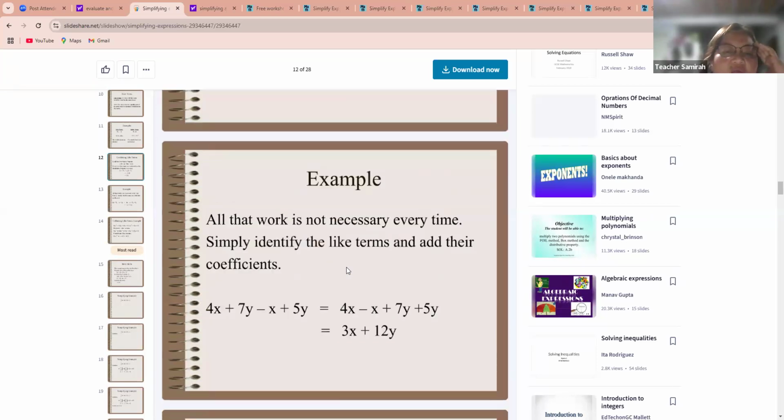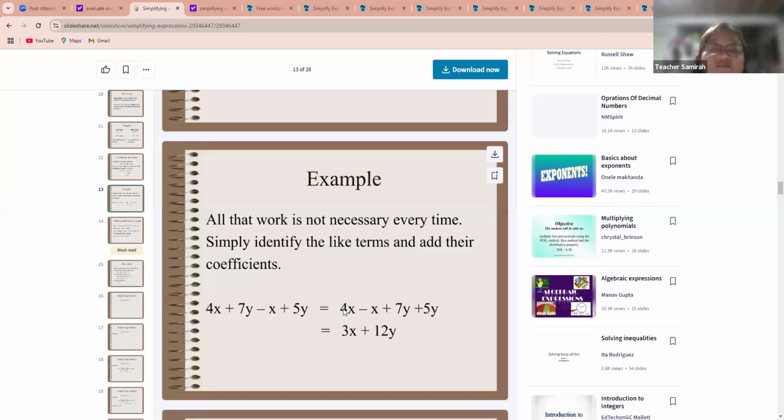All that work is not necessary every time. Simply identify the like terms and add their coefficients. What are the like terms here? The like terms are 4x and negative x, and 7y as well as 5y. It was already arranged, so we just perform the operation. 4x minus x would give us 3x. Why is it 3x?